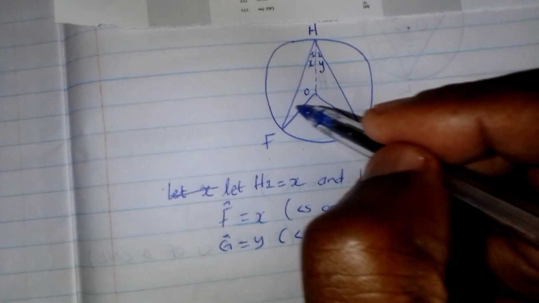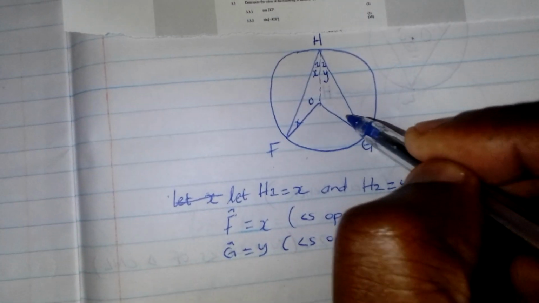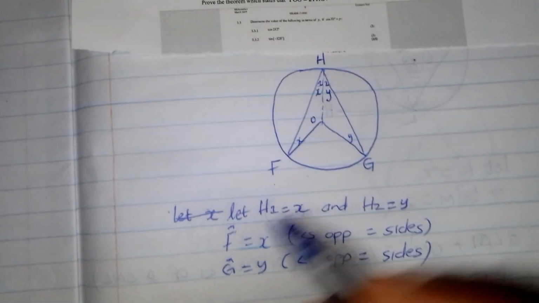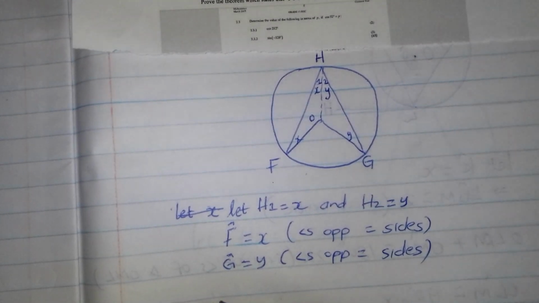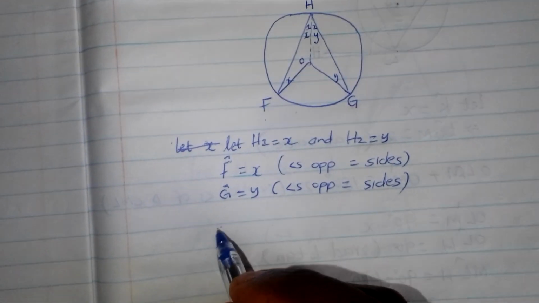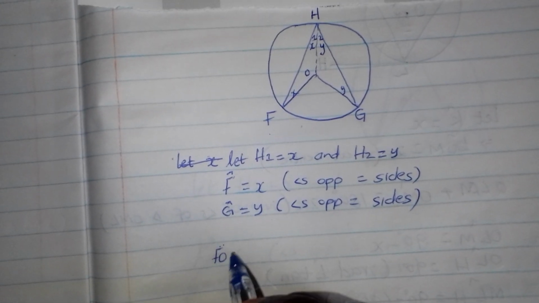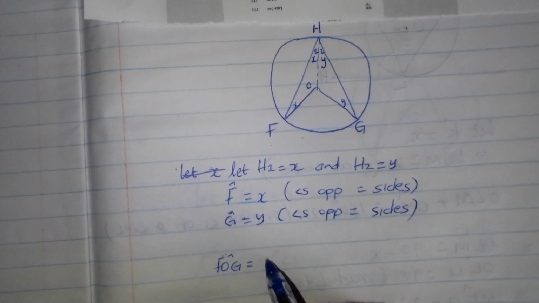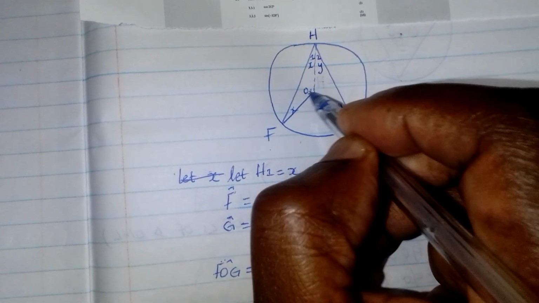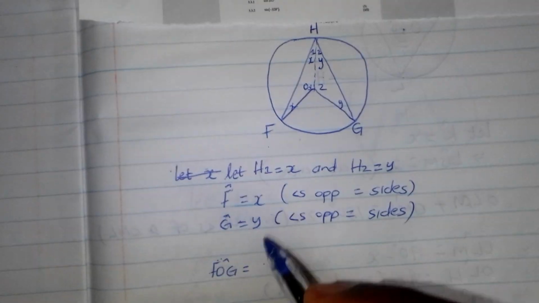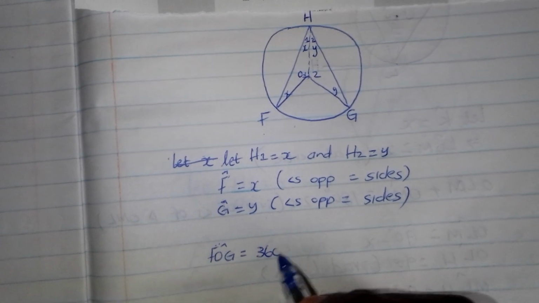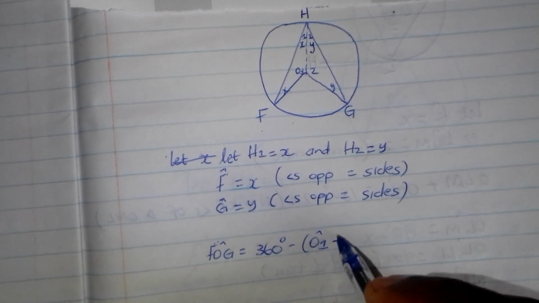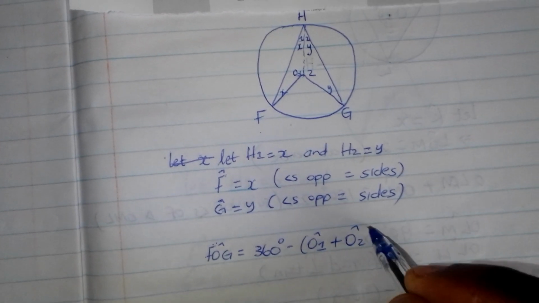Right. So now we have that's x and that's also y. Well, what else do we have? Let's create another equation from that. FOG is equal to, I like to make that my O1 and my O2, is equal to 360 degrees minus O1 plus O2 put together.